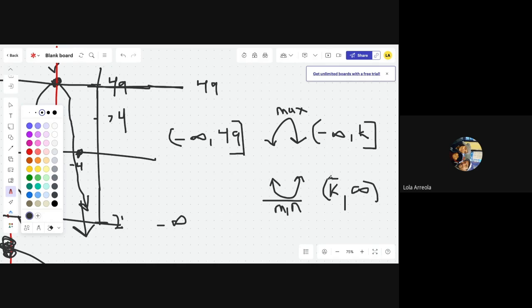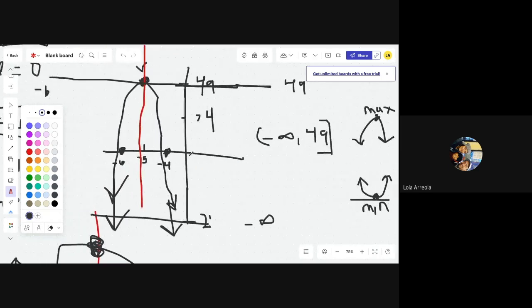And then it would be k bracket, because at my vertex I have a point. Just like this graph, I have a point at this max. So this might also be good to write on your cheat sheet. When I have a max point like I do now, I go negative infinity to k, in this case 49. If I have a min, then I have k bracket, infinity.